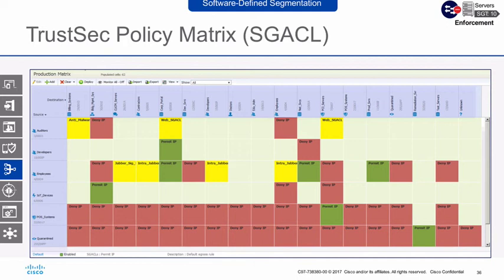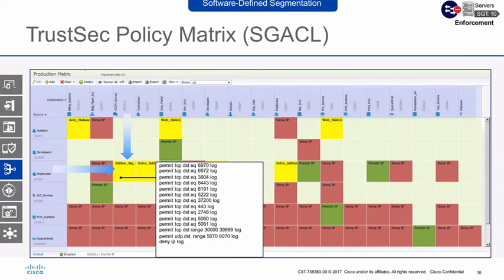Okay, but what if for some reason I need to have my developers talk to the production servers, but in a limited form? What I can do is deploy something called an SGACL. An SGACL is a security group-based access control list. Inside of my TrustSec policy matrix, inside the box for the source and destination, I can assign the ACL with the ports over which I allow my traffic to be communicated.